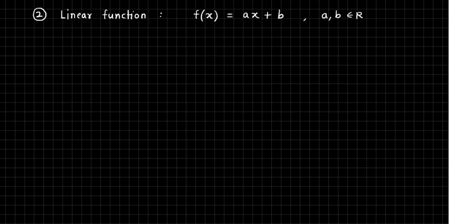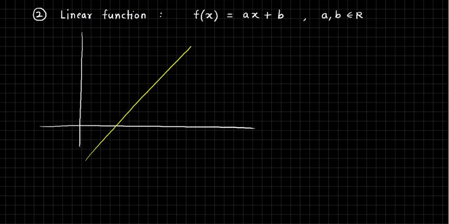Now let's go ahead and see the next function, which is the linear function. Here the function is given by f of x equal to ax plus b, where a and b are some real constants, right? As the name indicates, if we draw the graph of this function, it will be a line.